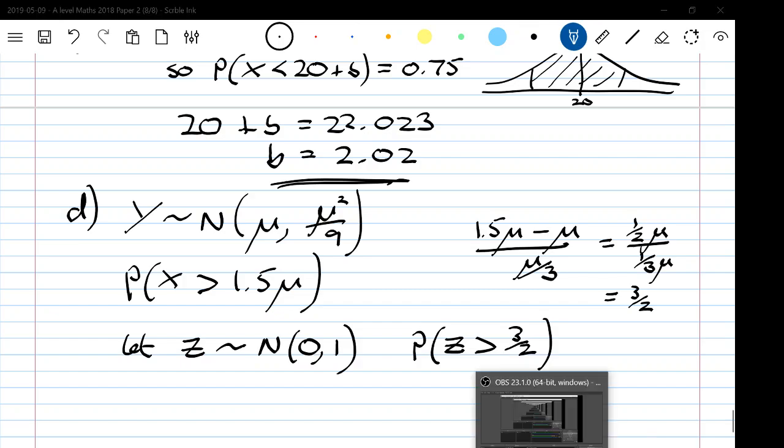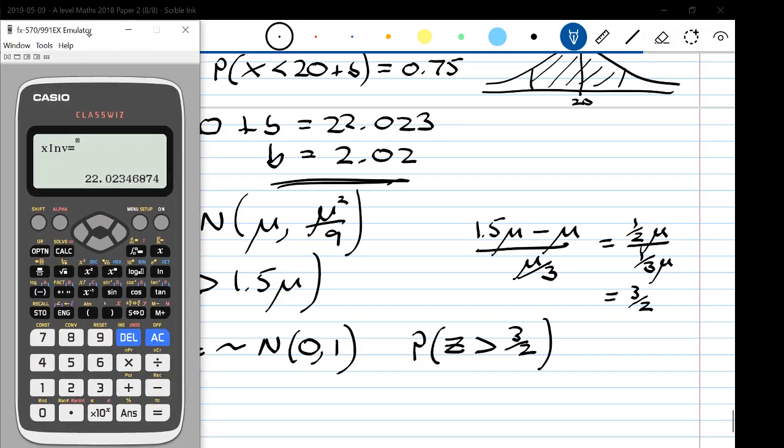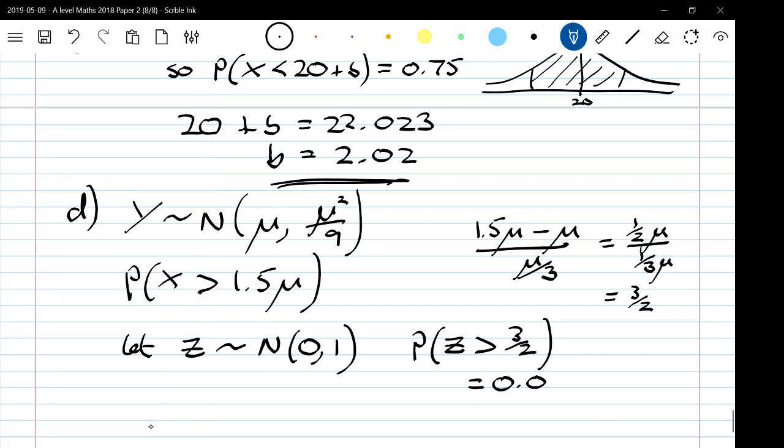In our calculator, we can do that by doing a normal cumulative distribution. We want our lower bound to be 1.5, our upper bound to be some massive number. This time sigma is 1 and mu is 0. And we get an answer of 0.0668.